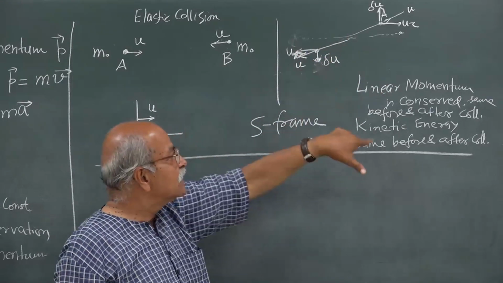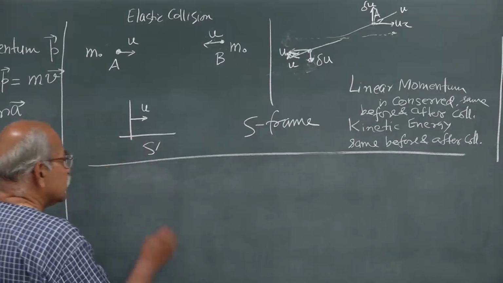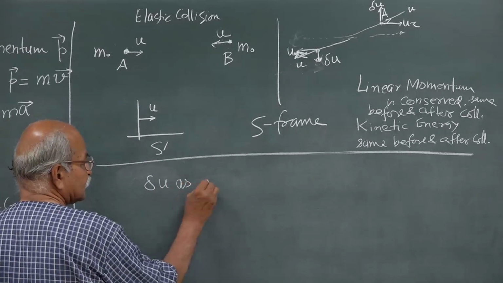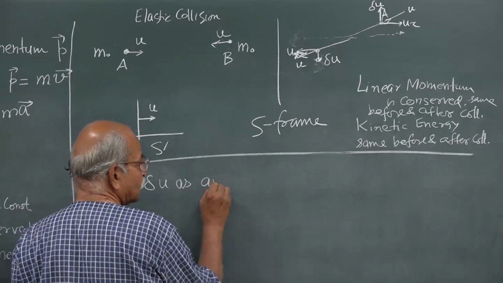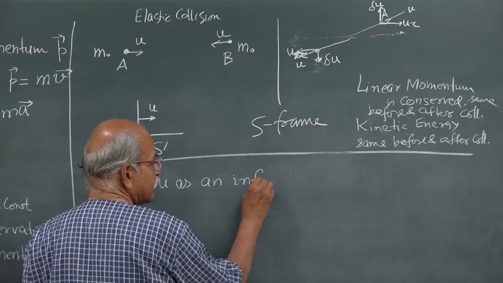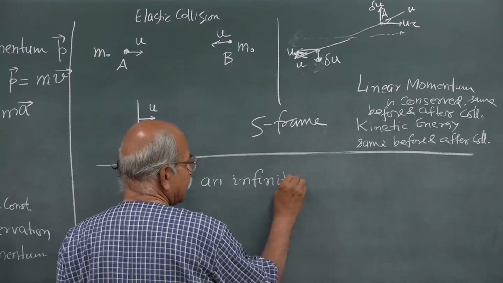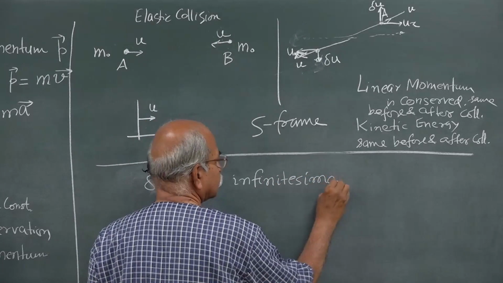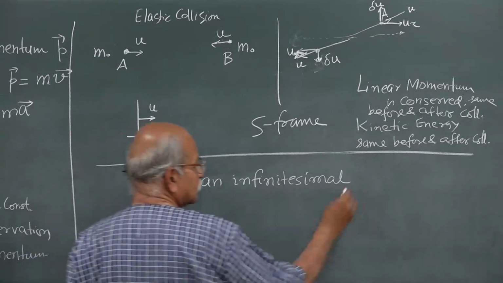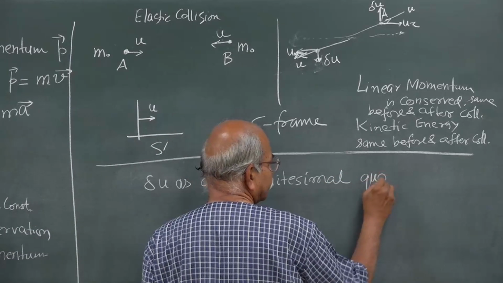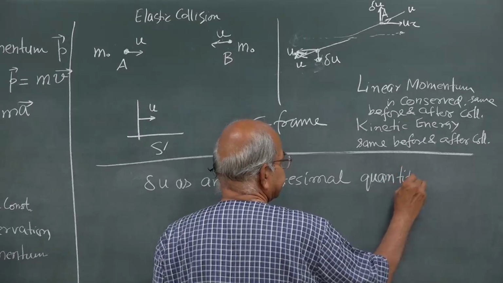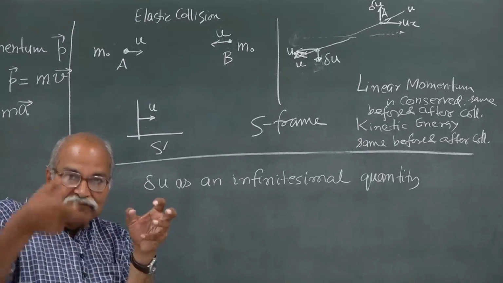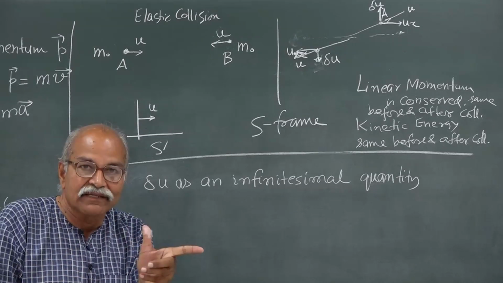But before that, let me do something else. Since we have taken delta u as a small quantity, whenever it is added to a finite quantity, we will neglect it.